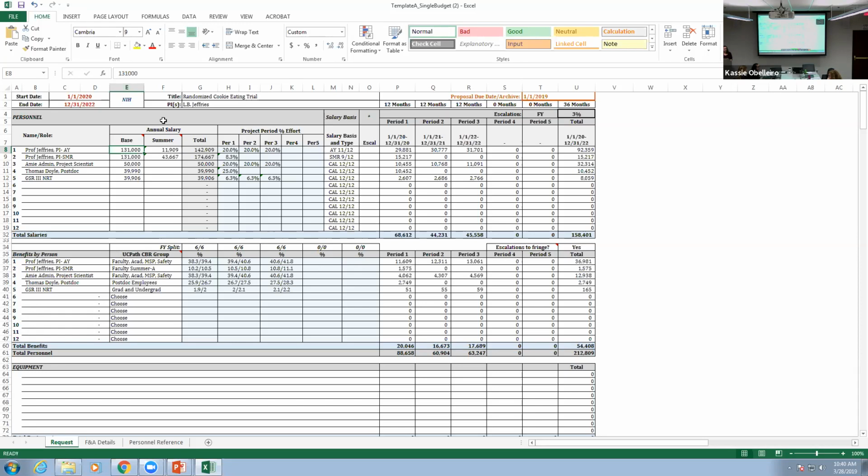I'm trying to think what their annualized salary is. Okay, so you would take their base salary, divide it by 9, times by 12. Right, because then you get 12 ninths of salary.